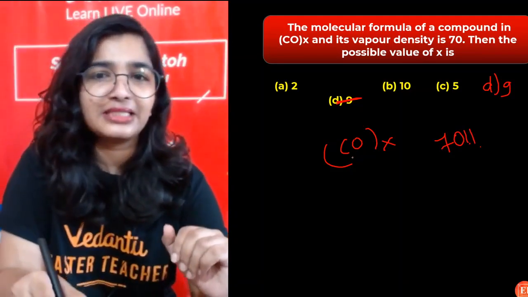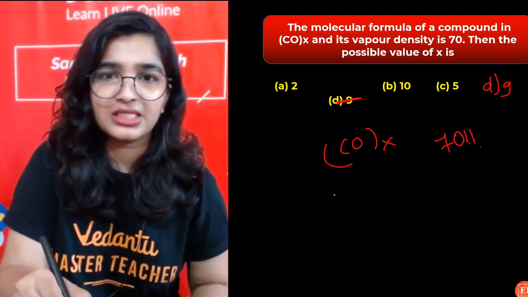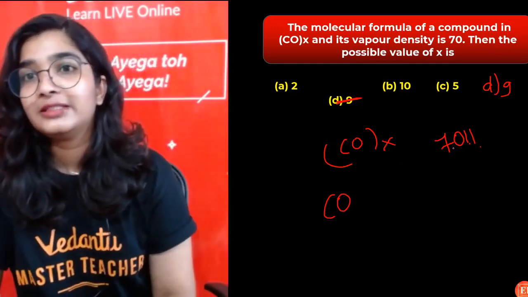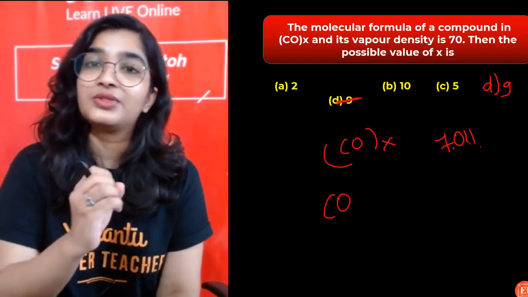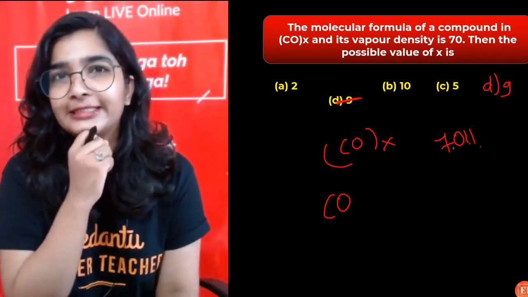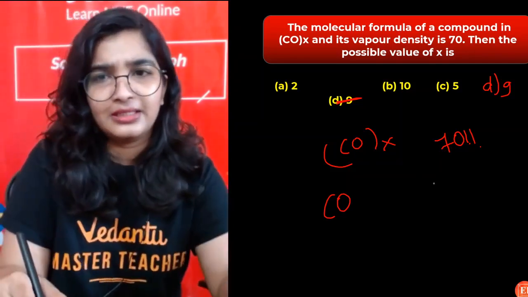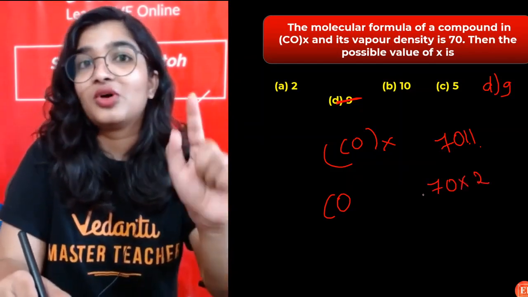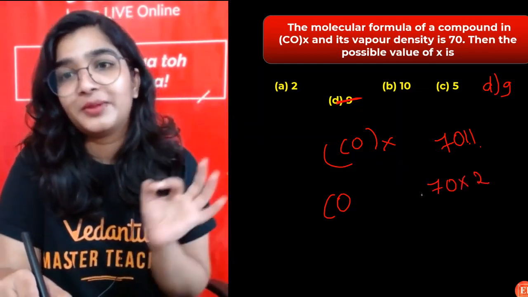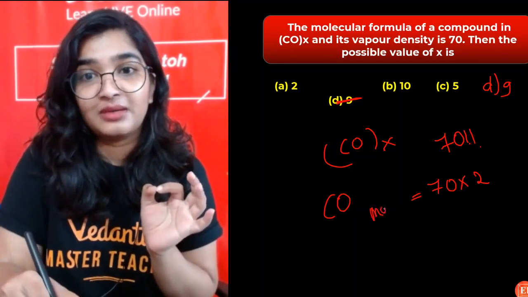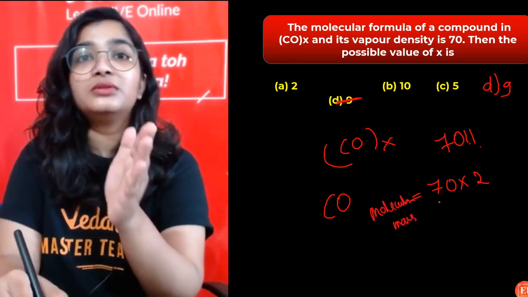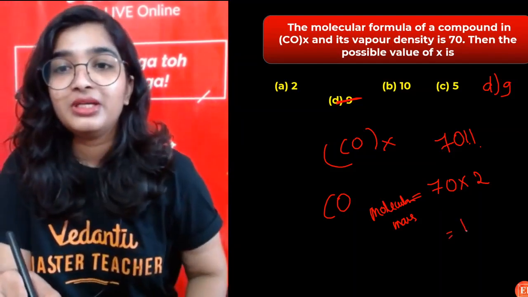See, this is basically an empirical formula, CO. And they have given you the vapor density. They want you to find out the possible value of X. So how to do it? See, vapor density into 2 will give you the molecular mass of the compound. Molecular mass is equal to vapor density into 2, so that will be 140.